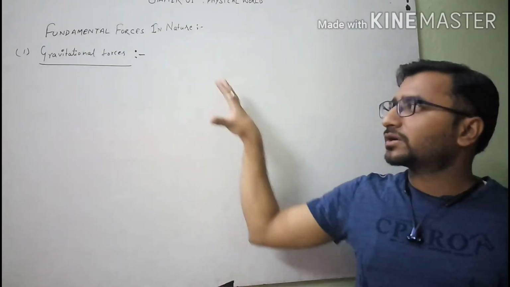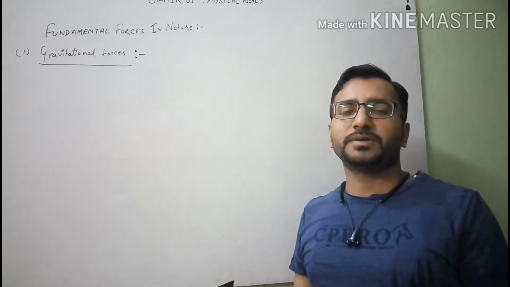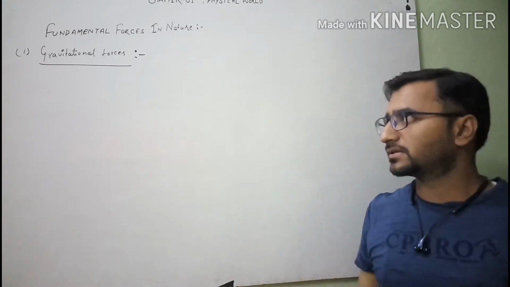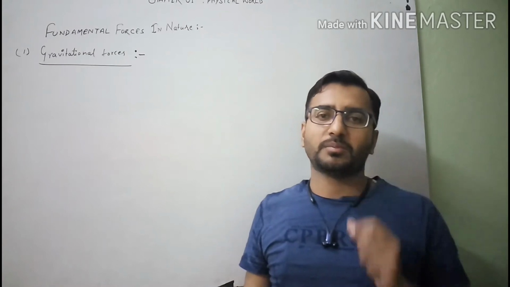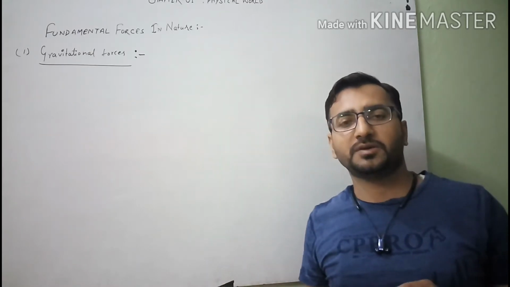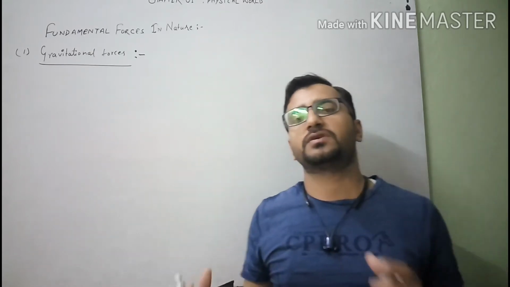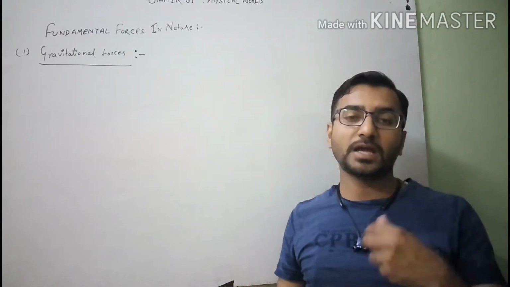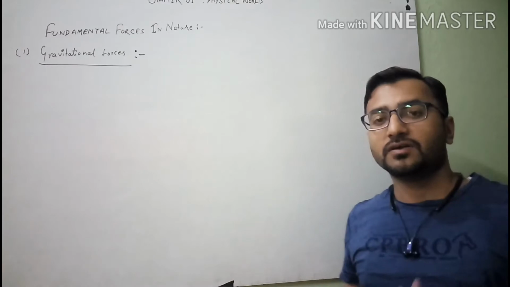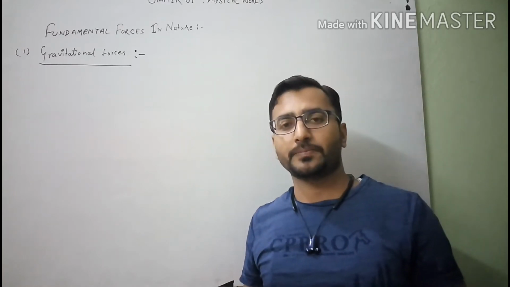When we talk about gravitational force, it is the statement about the universal law of gravitation. It means that every object in the universe attracts every other object with a type of attraction force, which is called gravitational force.